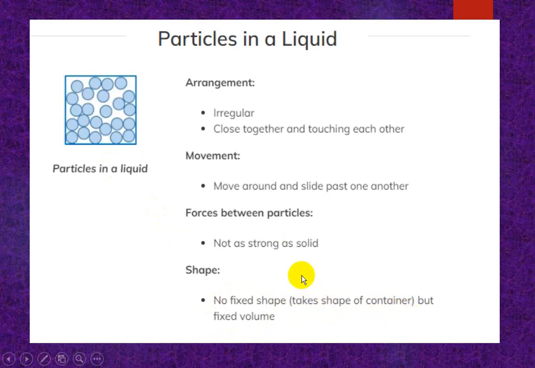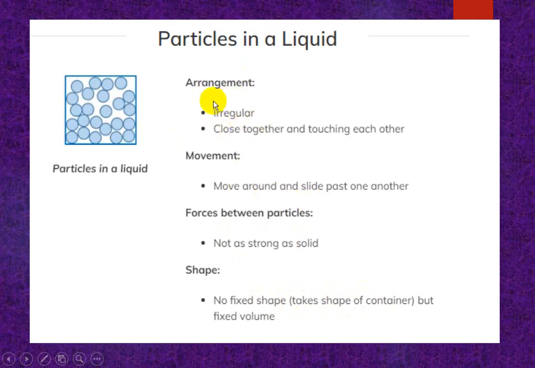If you take liquid in a round bottle, its shape will be round. In a rectangular container, the liquid will be rectangular. So it takes the shape of the container, but has no fixed shape of its own. It has volume but no shape of its own.